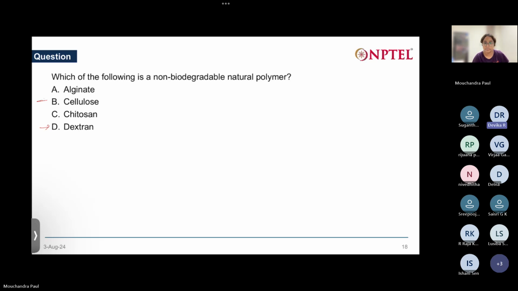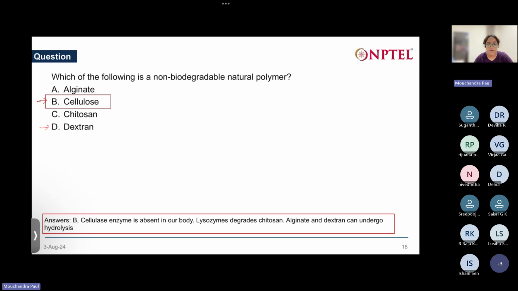To digest cellulose, we need the enzyme cellulase, but we don't have it. The correct answer is cellulose. We are not like herbivorous animals, so we do not have cellulase and cannot digest it.